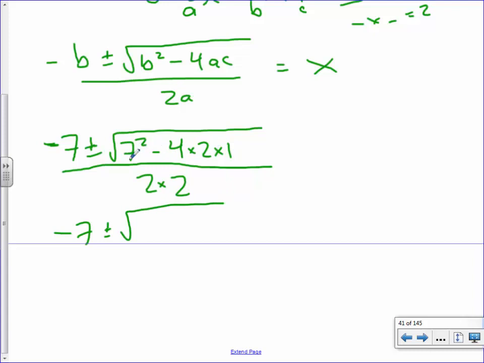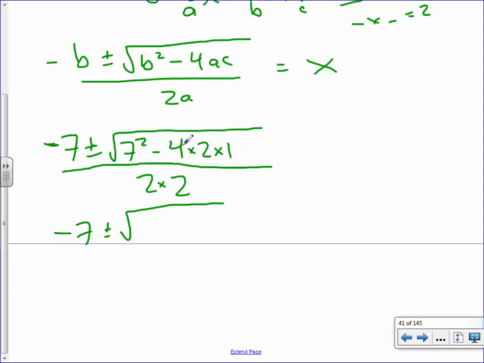Everything under the square root sign should just be a number. So if you have your calculator nearby, find me what 7 squared is minus 4 times 2 times 1. You might even be able to do that in your head. Like 7 squared, 49. And then 4 times 2 times 1.